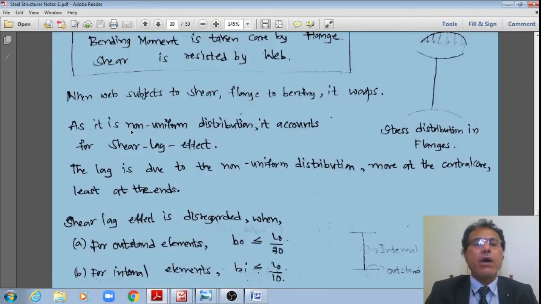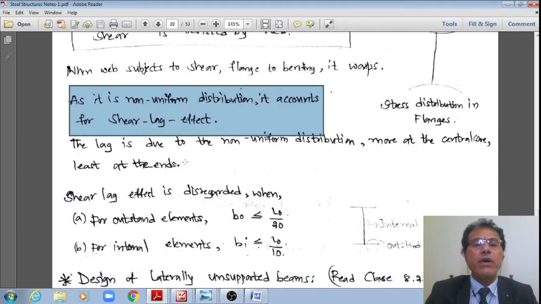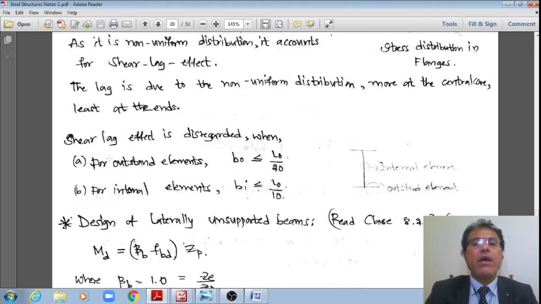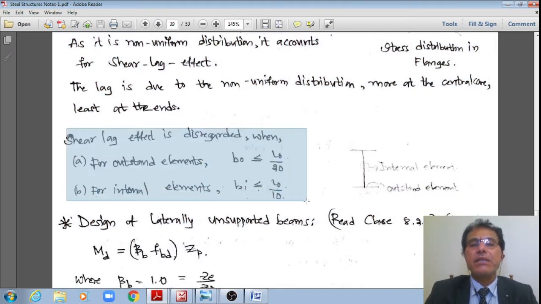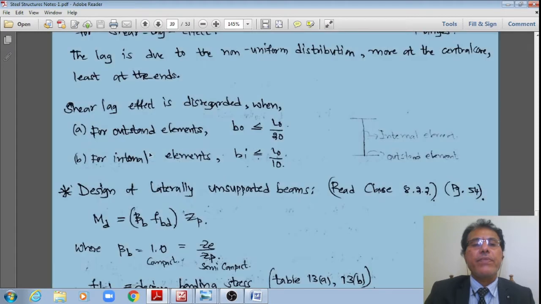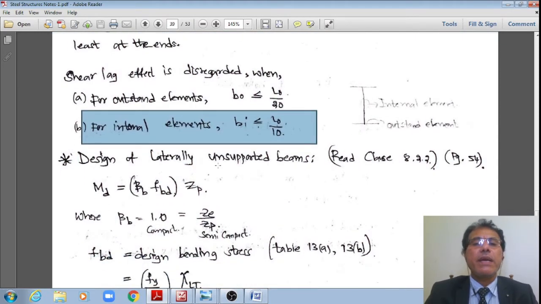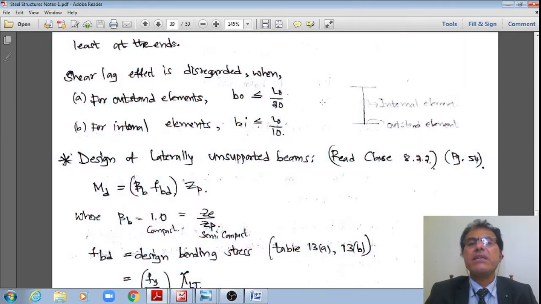However, as it is not a uniform distribution, the shear lag effect needs to be accounted for. We already discussed what the shear lag effect is and when it need not be considered. We have seen that for outstanding elements, if b0 is less than or equal to L0 by 20, and for internal elements, if b1 is less than or equal to L0 by 10, then it need not be considered.